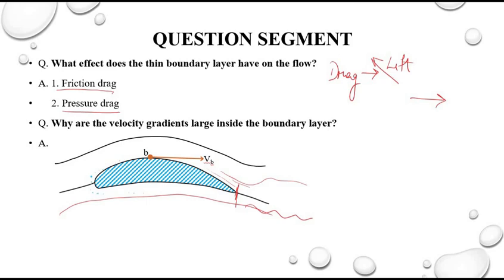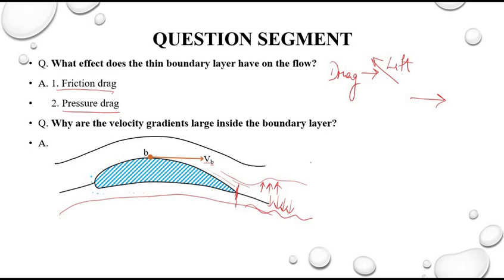Due to this flow separation, when the flow separates from the surface, there is a change in pressure distribution. The pressure distribution in a streamlined flow and in a viscous flow in the presence of a boundary layer is different.